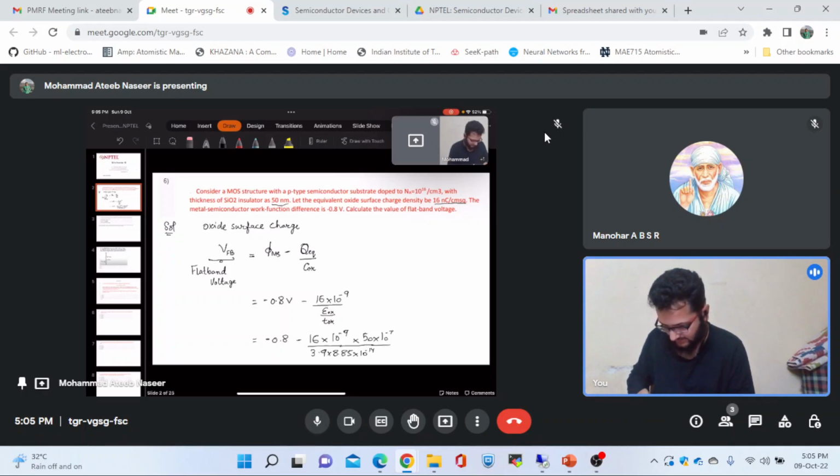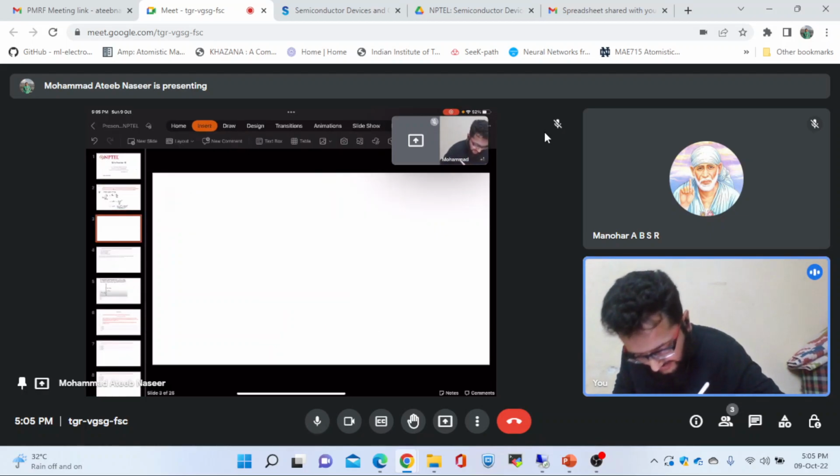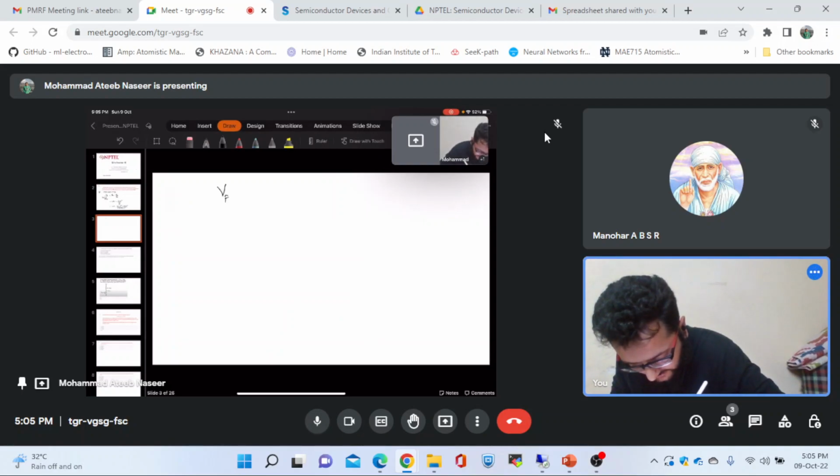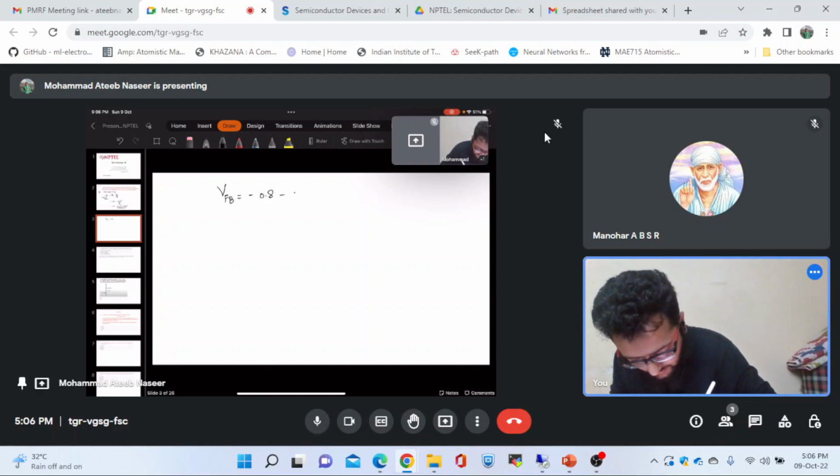So it's 16 multiplied by 15 divided by 3.9, 8.85. So this value, if I write it over here, this flat band voltage will simply be equal to minus 0.8 minus, and this came out to be equal to 0.2317.